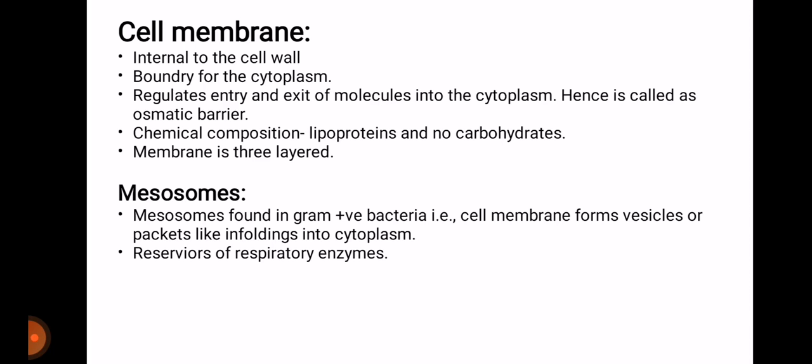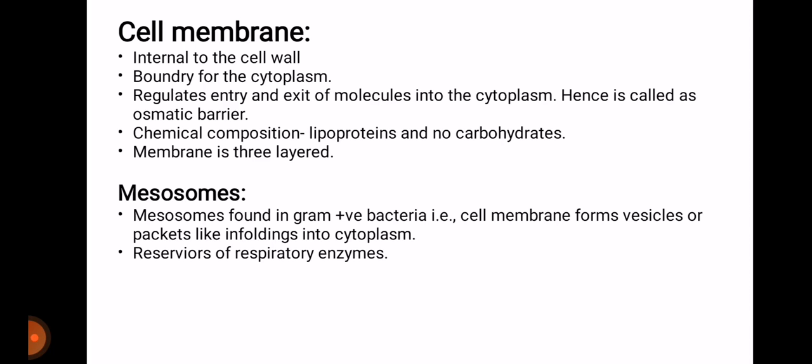The membrane is chemically made up of lipoproteins, in the ratio of 70 to 30, that is 70% proteins and 30% lipids, and it does not contain any carbohydrates. So, in the cell membrane we can see the absence of carbohydrates.